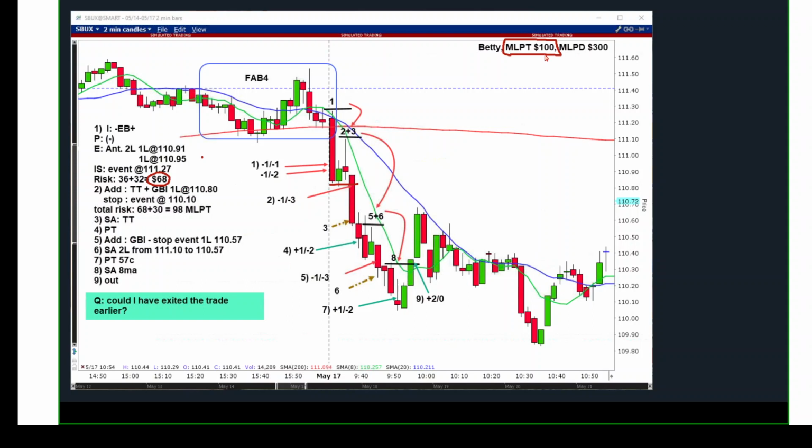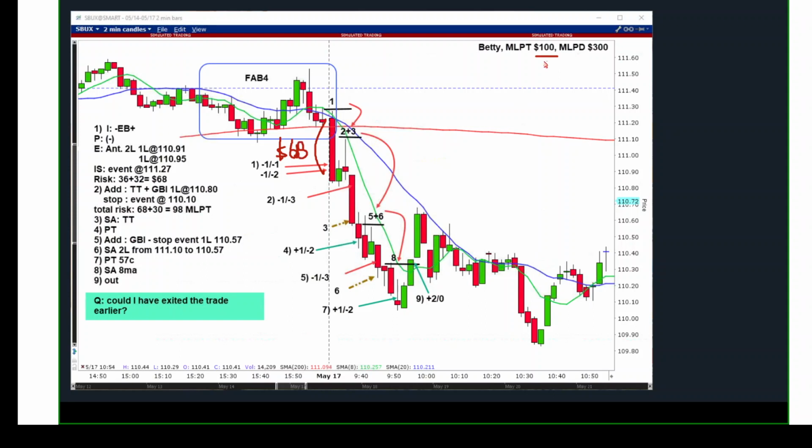So as you see, guys, this is the exact example of the rule that I just gave you. It's actually my rule for when to use a separate stop. So the first entry gave her a risk of $68. Okay, $68 being well below the $100 that she promised herself she would lose on any given trade, max.